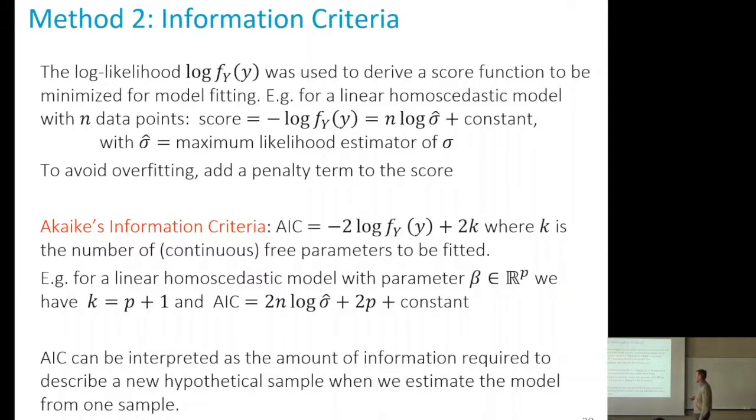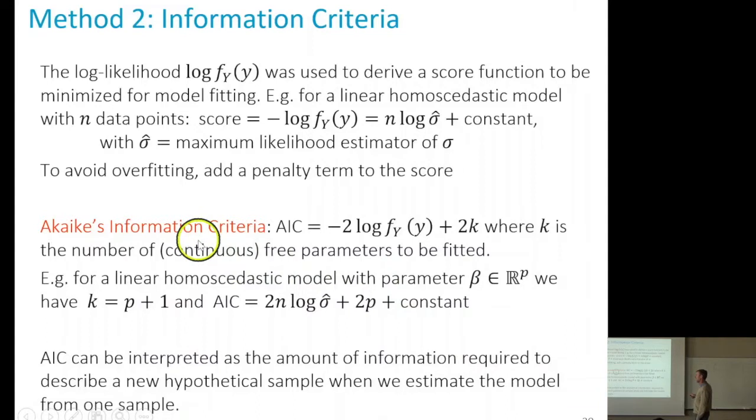This form here is called Akaike's information criterion, which is equal to, for example, if we have a linear model with a homoskedastic model, 2n log of sigma hat plus 2p, where p is the number of parameters, the dimension of the parameter we're fitting, plus a constant here.